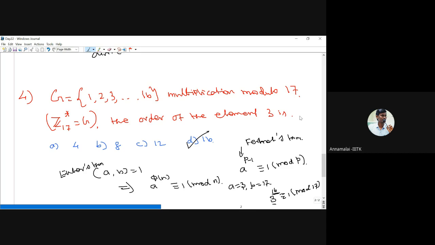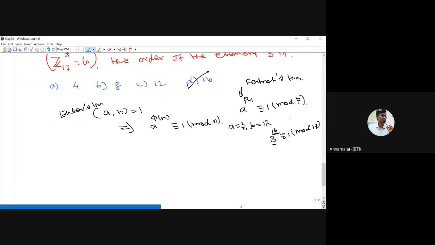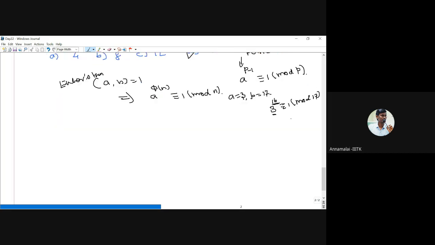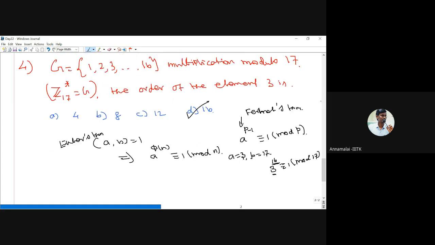So, I already said what is the dimension of a skew symmetric matrix. Maybe I read the problem. I think the fifth problem.